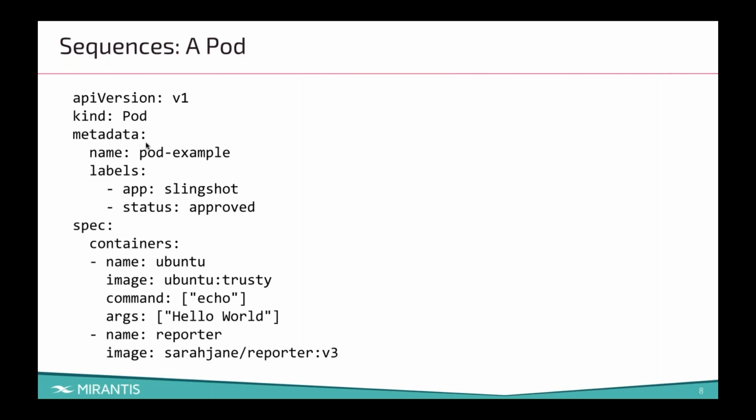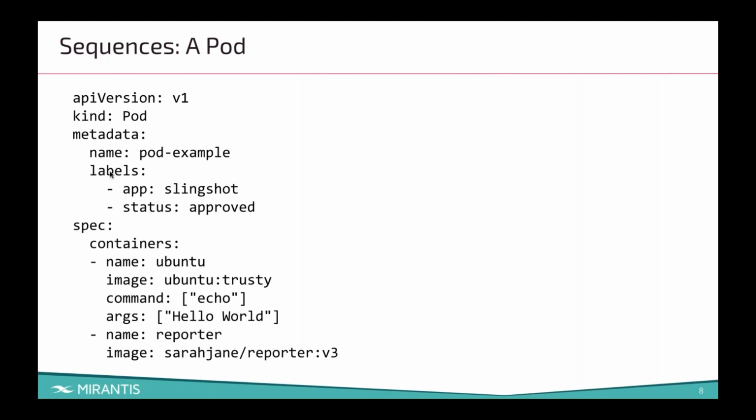The metadata, which at the very least has to have the name. Okay. On the back end, it is required to have the name, the namespace, and the ID. But the namespace has the default value of default. You can change that if you want. And the ID is usually assigned to it by Kubernetes itself, so you don't have to indicate that yourself.